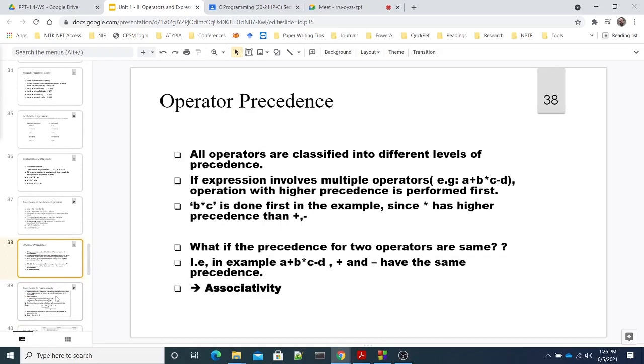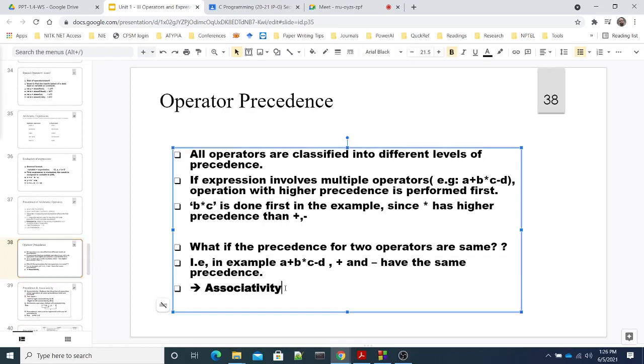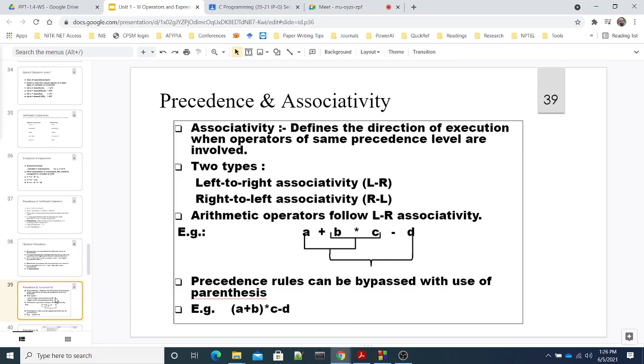Now, when it comes to associativity, there are two types: left to right associativity and right to left associativity. Left to right associativity says if there is a tie or match in the precedence of operators, then the operator on the left side should be executed first.